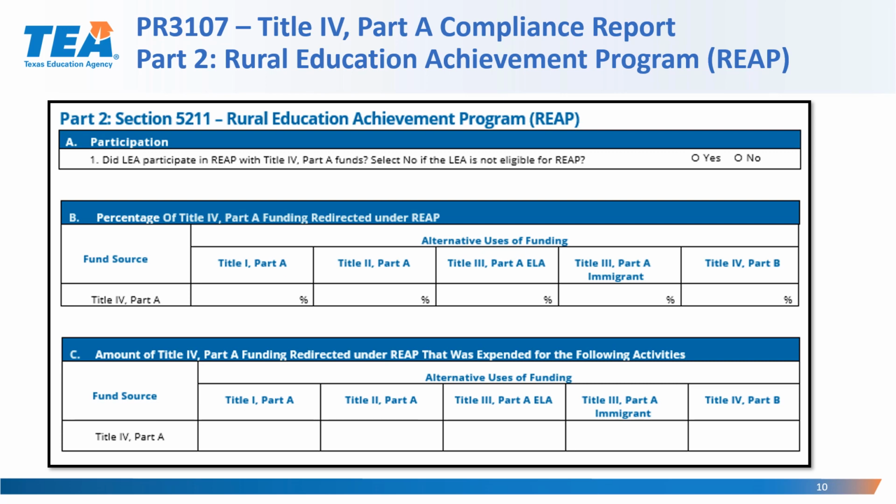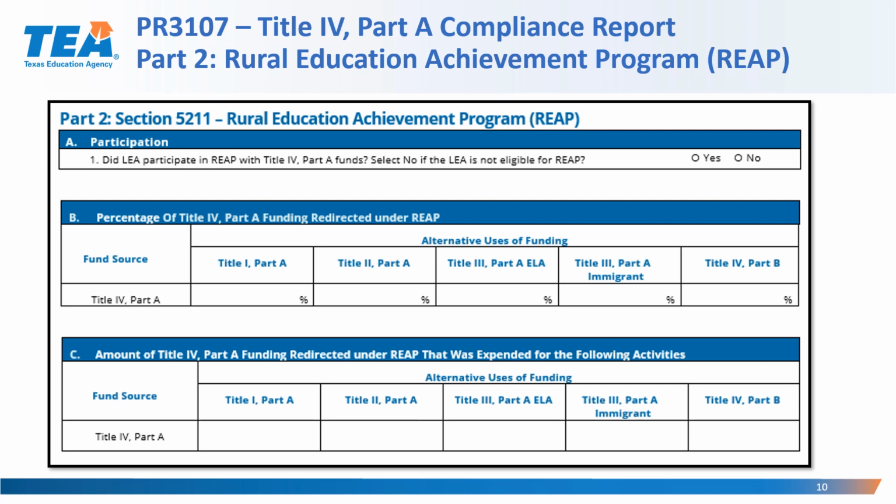Part 2, Section 5211, is the REAP participation section of the compliance report. The Rural Education Achievement Program assists eligible LEAs in addressing academic needs more effectively by giving them greater flexibility in the use of limited federal resources.